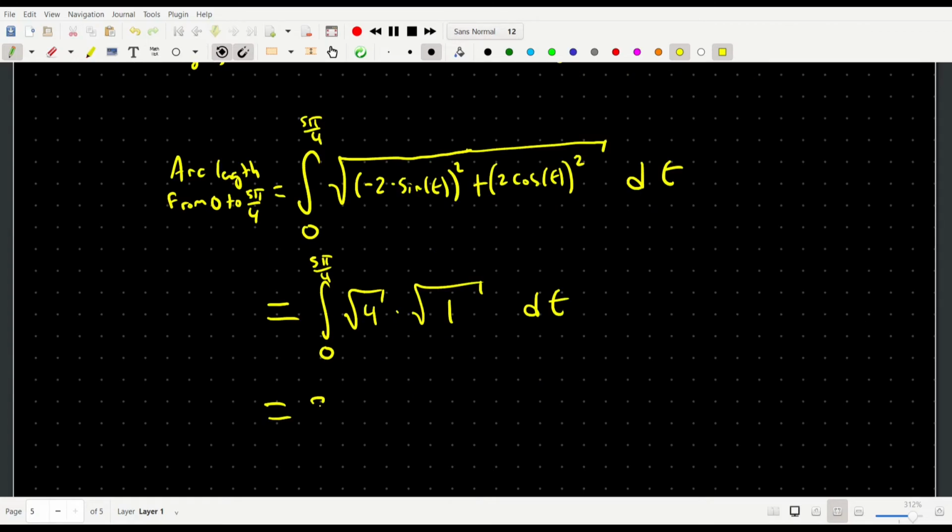Or 2 times the integral from 0 to 5 pi over 4 of 1 dt, which is just equal to 2 times 5 pi over 4, or 5 pi over 2.